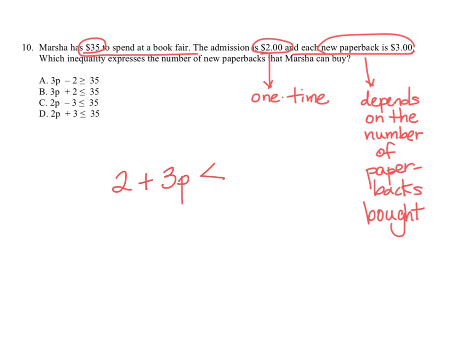This amount must be less than or equal to her budget of $35. The answer to this question is B. Now you try question number 10 on your homework assignment.